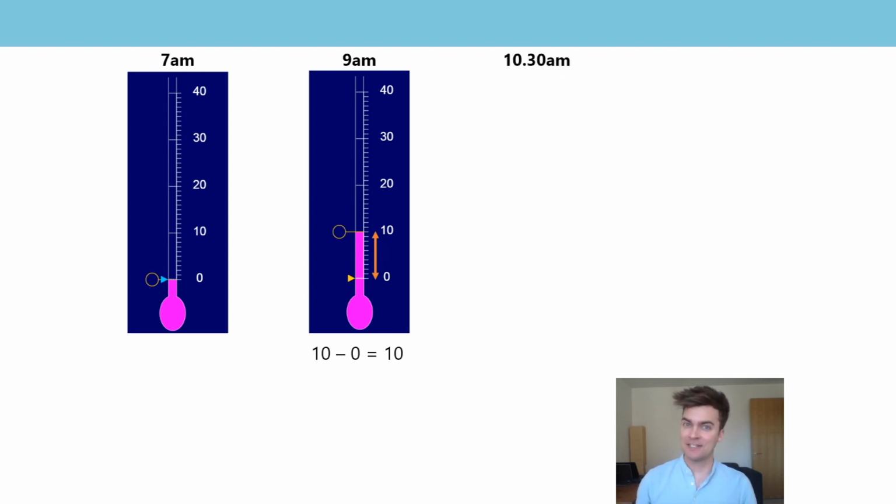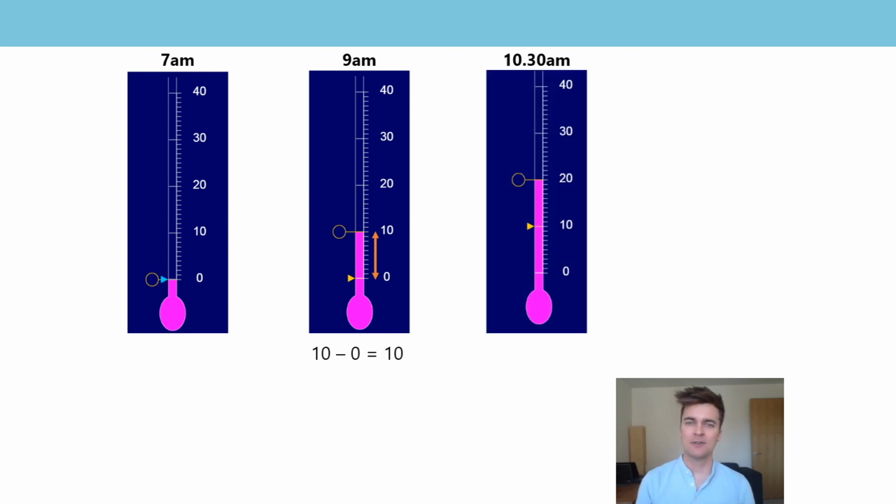By 10:30 in the morning, the temperature has increased to 20 degrees Celsius. So at 9, it was 10 degrees Celsius, and now it's 20. How can we represent the difference between the temperature at 9 and the temperature at 10:30? Have a go at writing down the subtraction to represent the difference.